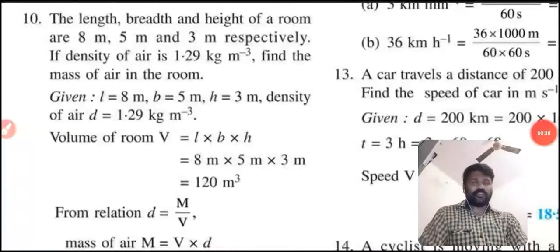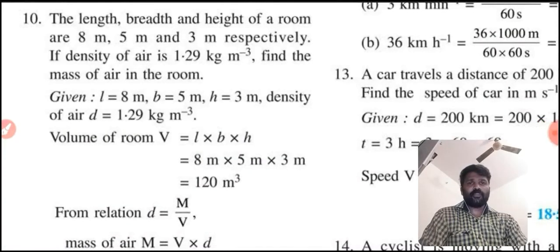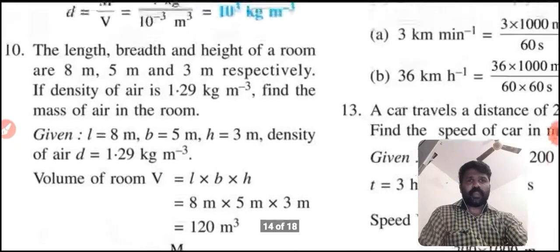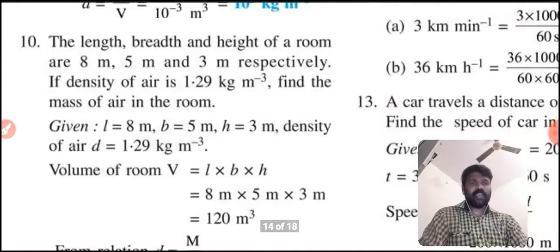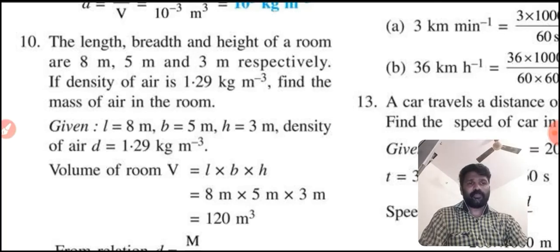Okay, till 9 questions we discussed yesterday. Today we are going to start with our 10th question. The length, breadth and height of a room are 8 meter, 5 meter and 3 meter respectively.